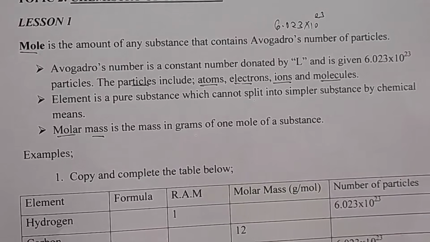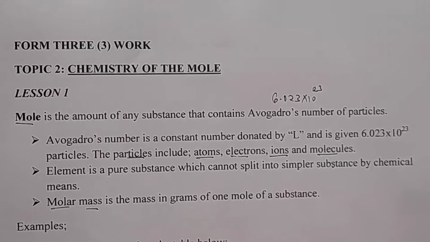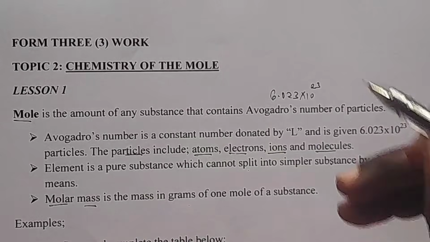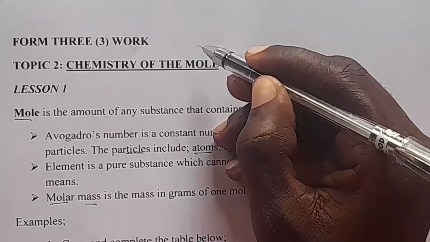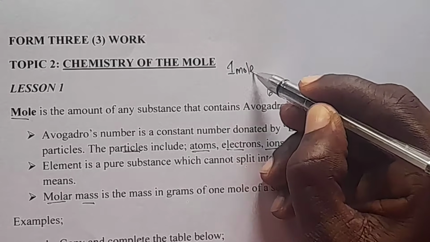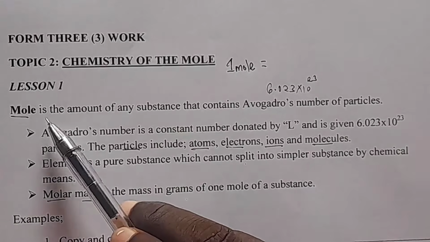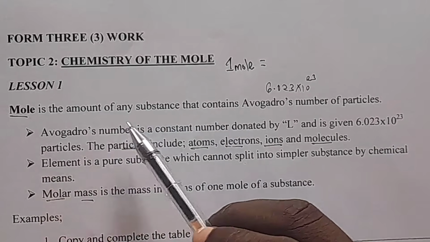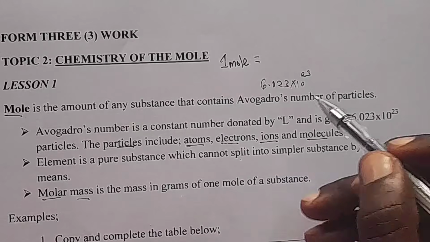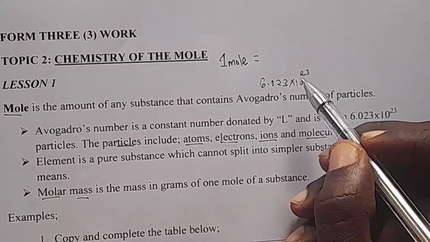Let's go to examples, because we are just dealing with the introduction side of the mole. But from this, we can have a small formula on the mole. A mole is the amount of any substance that contains Avogadro's number, and Avogadro's number is 6.023 times 10 power 23 number of particles.